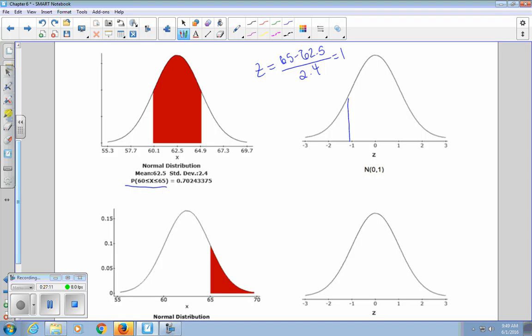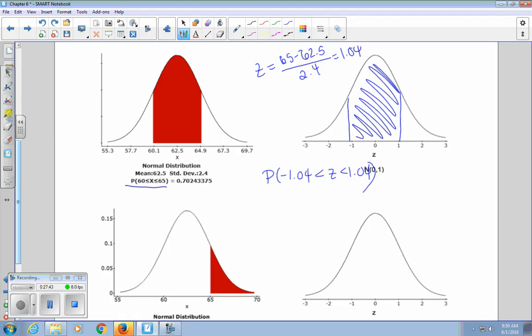And that comes out to be 1.04. So the area that we're interested in is this blue area. The table always gives us the area to the left of the line. So we have a little bit extra calculation this time. So our interest is the probability that we have a Z between negative 1.04 and 1.04.